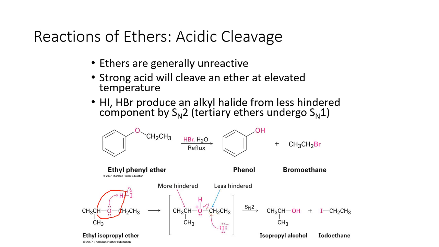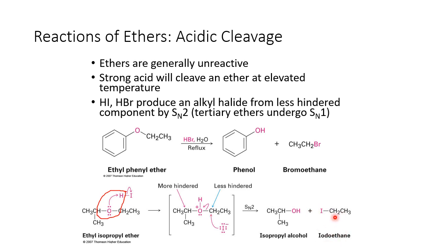The product that we get is iodoethane. So iodide attacks the carbon that's less hindered and you get iodoethane, and the electrons return to the oxygen, which stays attached to the isopropyl group, so you get isopropyl alcohol plus iodoethane.